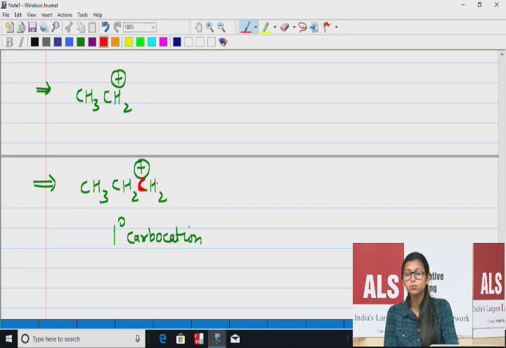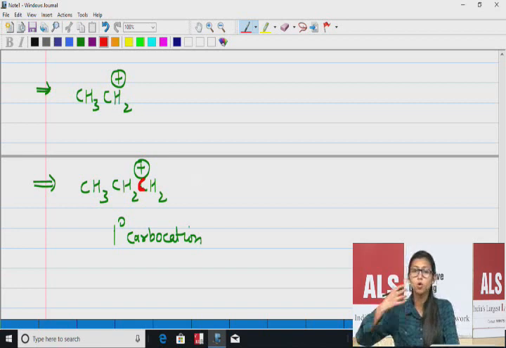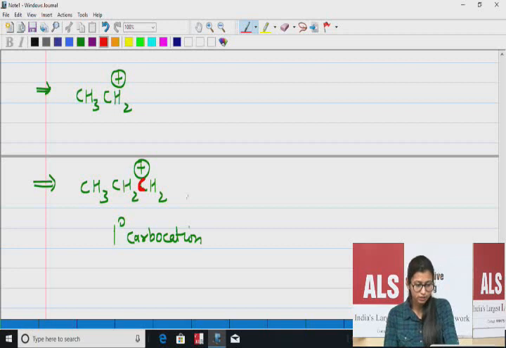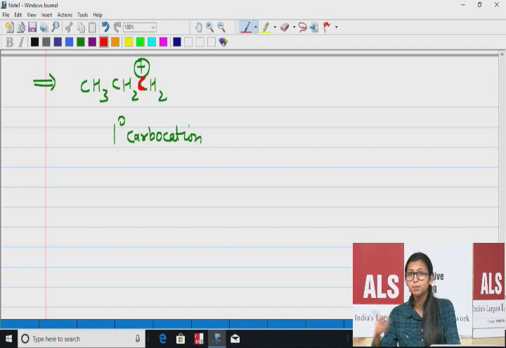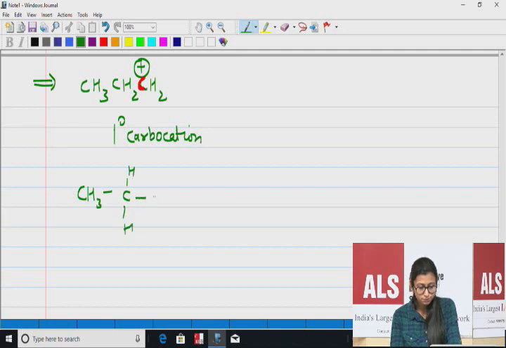Now why am I saying the word rearrangement? Every system wants to become more stable. And we know that 3 degree carbocation is the most stable, then 2 degree carbocation and then 1 degree carbocation. Now see what will happen if I make the structure like this. We have a CH3, this carbon, hydrogen, and again CH2 and this is plus.